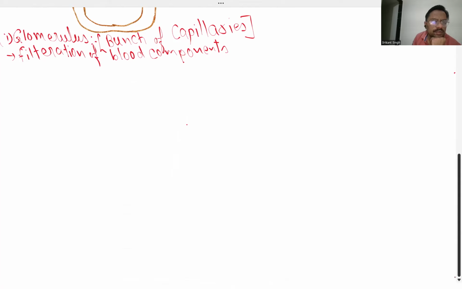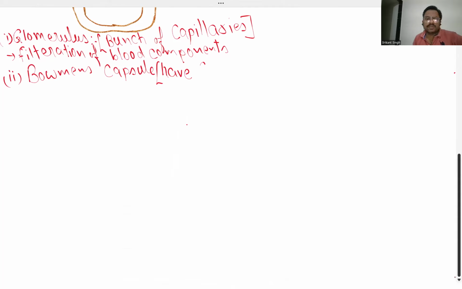And then the second part is the Bowman's capsule, having squamous epithelial tissue.